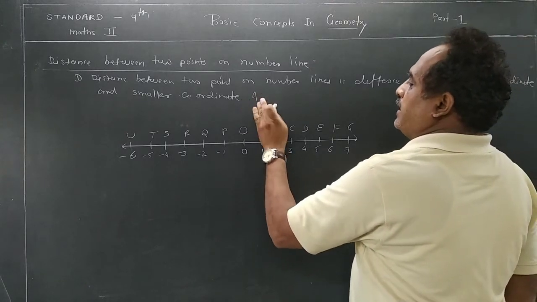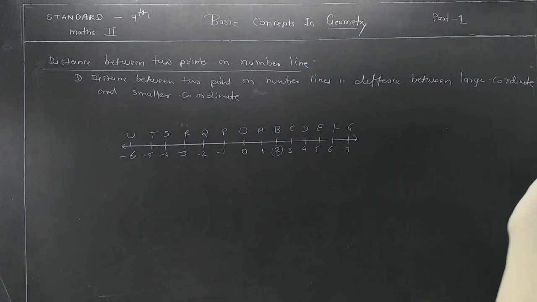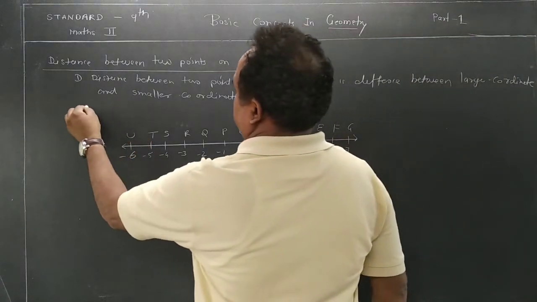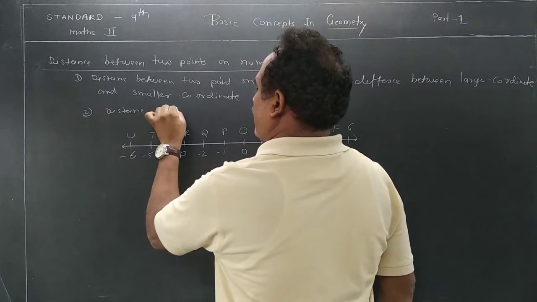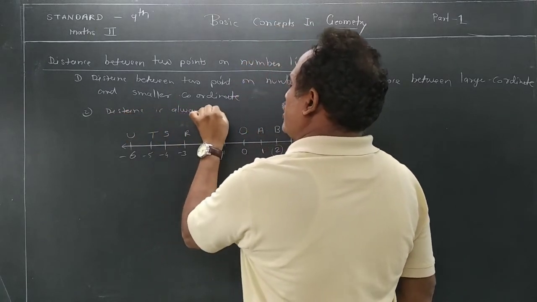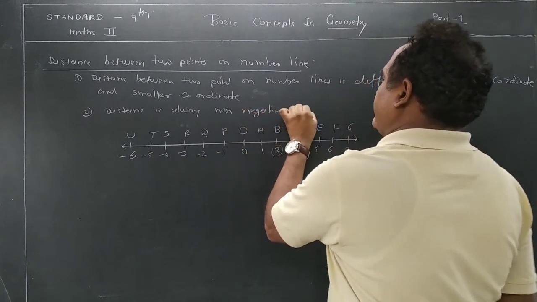Larger coordinate minus smaller coordinate, and distance is always a non-negative real number.